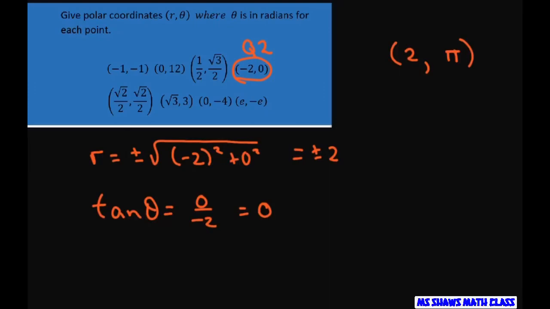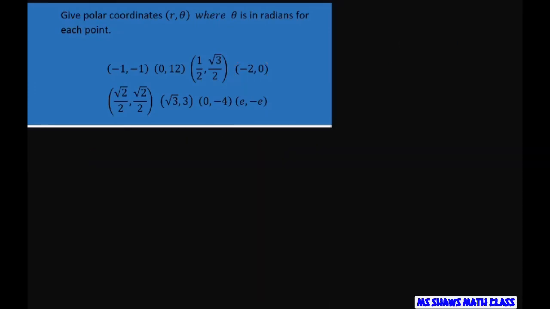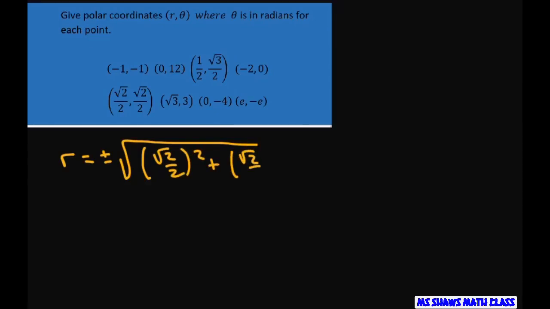All right. The next ones, we have r equals plus or minus the square root of (√2/2) squared plus (√2/2) squared. And that's just going to equal 1. So I'll just make sure about that.